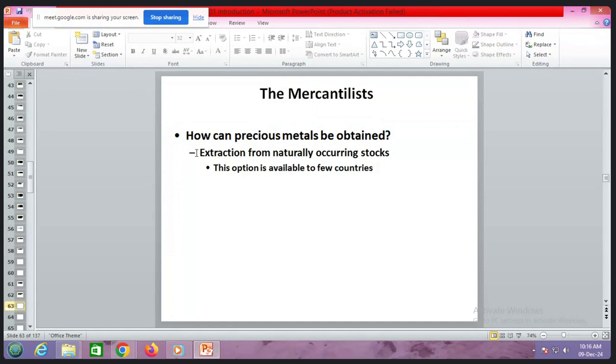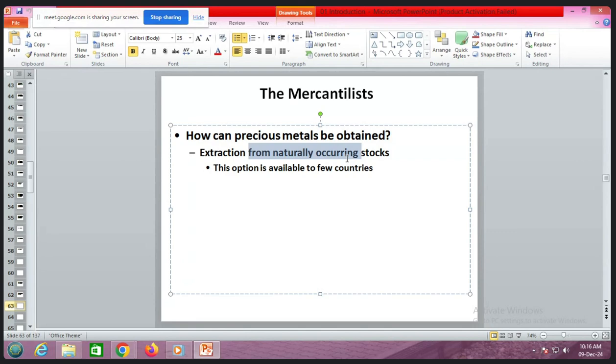So the answer which mercantilists gave is that a country is rich if it has precious metal. The second question is, how can this precious metal be obtained? It can be obtained if it is available naturally. But we all know that gold does not exist in all the countries of the world.